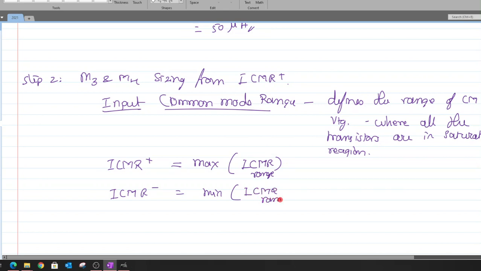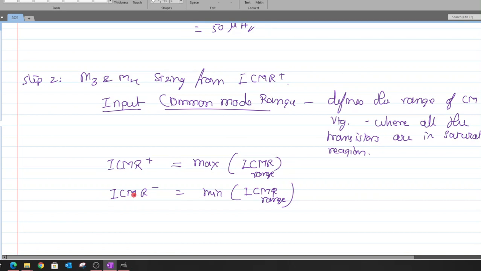There is a range of voltages where all of the transistors are in saturation zone. In this, the maximum value of that range is defined as the ICMR plus, and the minimum value of this ICMR range is defined as ICMR minus. Okay, hope that it makes sense.